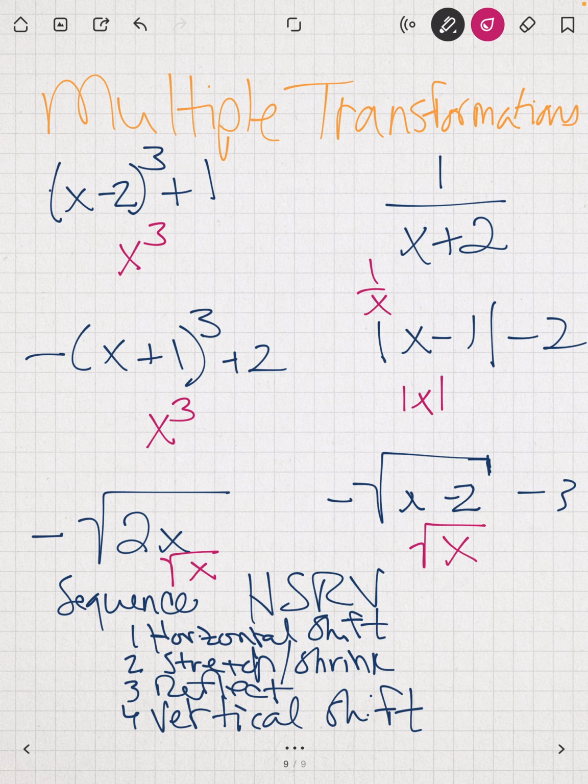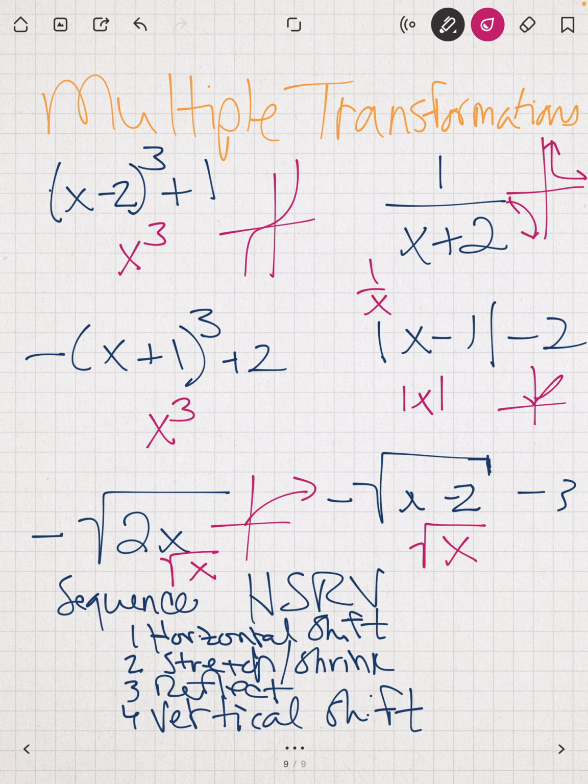And that just helps us remember, well, what does the graph even look like? It's our x cubed, our square root, our 1 over x, our absolute value, right? And so that's what we're going to start with.